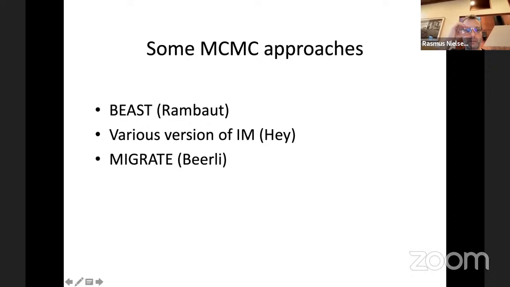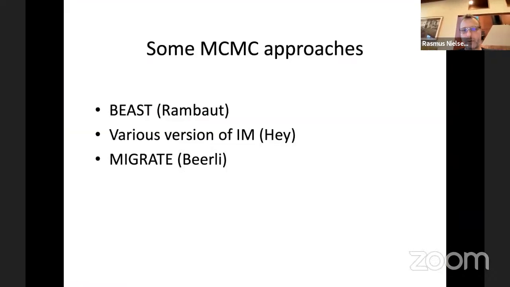Other programs called the IM programs, by Jody Hey and myself, have been developed, and the Migrate program by Peter Beerli and Joe Felsenstein, that implement these types of approaches using Markov chain Monte Carlo to try to estimate a likelihood function. All right, so that was MCMC.